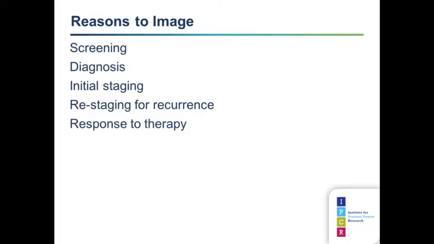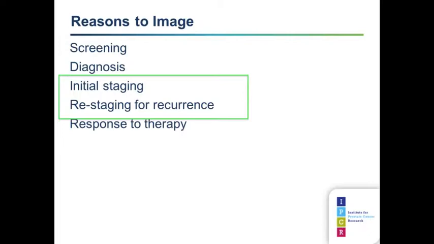And then restaging for recurrence. That means ideally somebody who maybe had prostate cancer, had surgery, had radiation, and then unfortunately the PSA comes back up and we think the disease is back. Can we find that cancer? Can we do something about it? And of course, something that's been an interest of mine, as Pete's alluded to, is response to therapy.